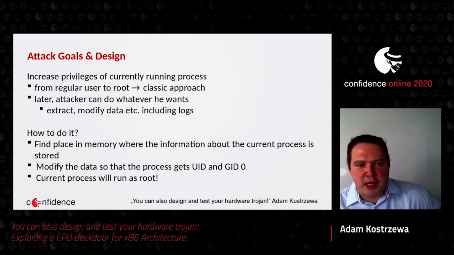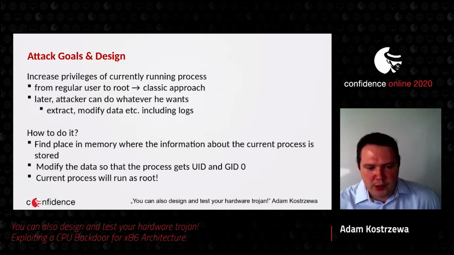But this is an approach which was used in many other exploits targeting the kernel. So how to do it? We would like to find a place in memory where the information about the current process is stored, so the process structure, and we would like to modify the data to override them and become root.